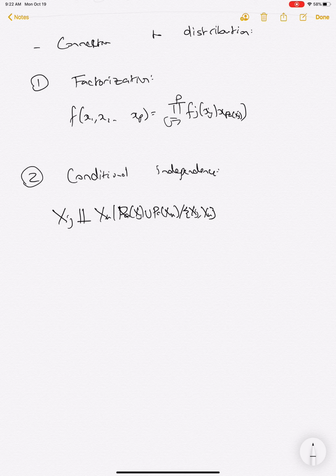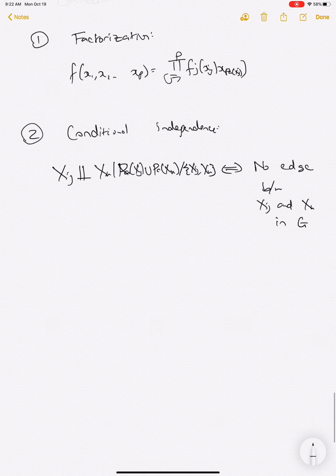This is true if and only if there is no edge between xj and xk in your graph. So this shows the connection between the graphs and the conditional independence statements, which is related to the probability. And so these are the two ways to show the connections.